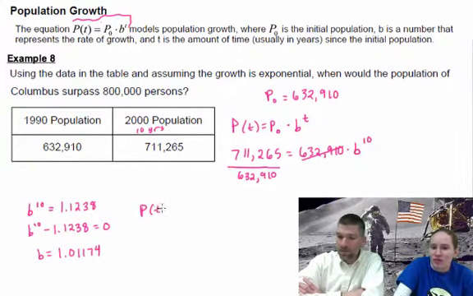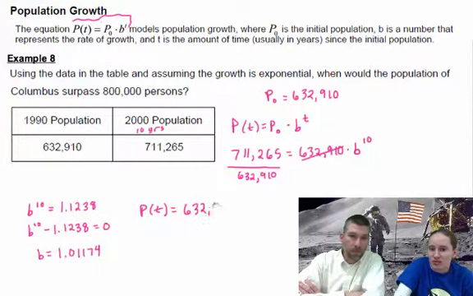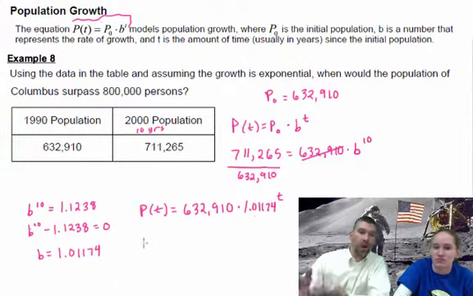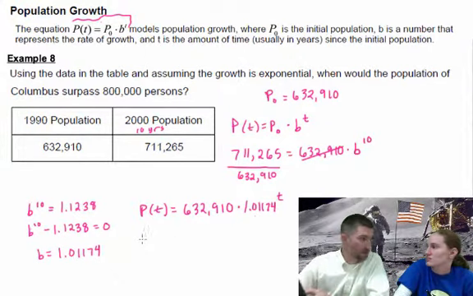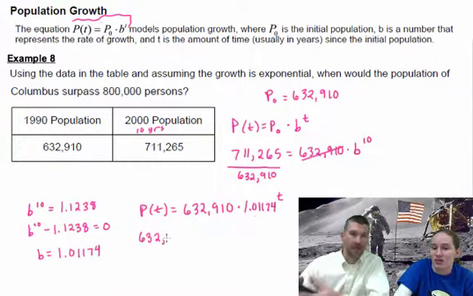So our model is P of t equals P naught, which is 632,910, times 1.01174 to the t. We want to figure out when that equals 800,000, or when it is greater than or equal to 800,000. So I'm going to graph that, and graph 800,000, or graph that minus 800,000.